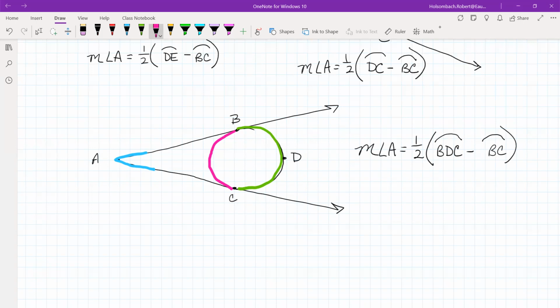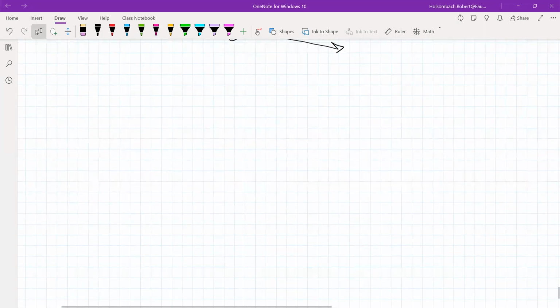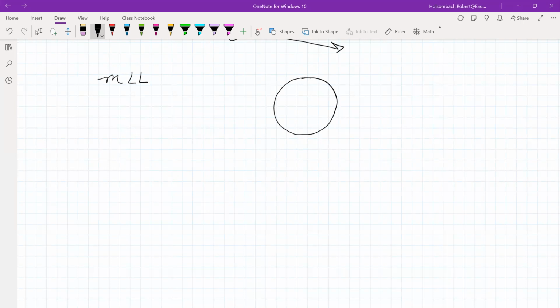All right, so turn the page and let's do a couple practice problems. Right off the bat, they're asking you to find the measure of angle L. And here's our circle. Point L is below the circle, and we've got two tangents.